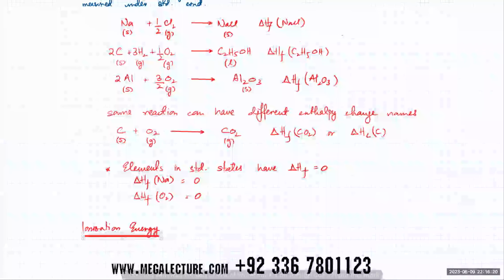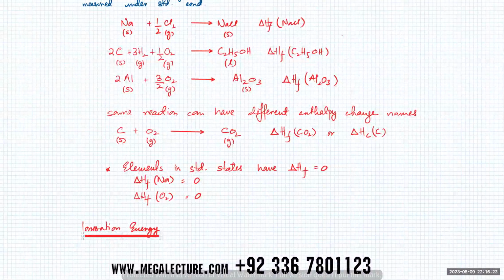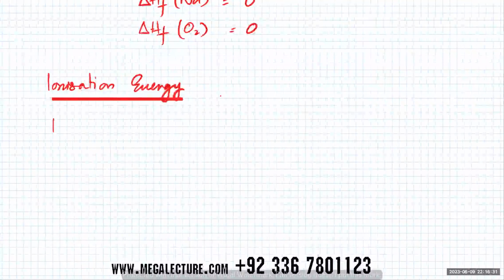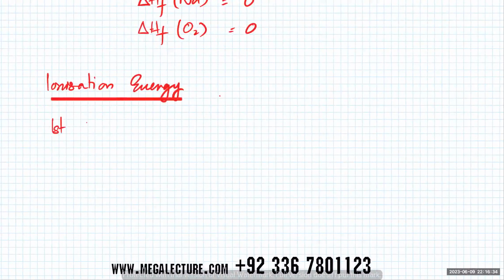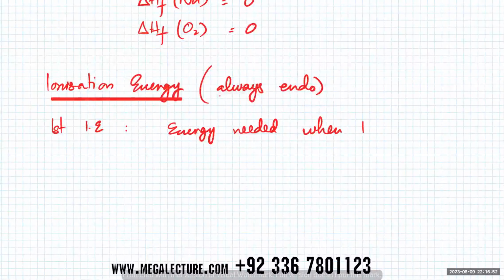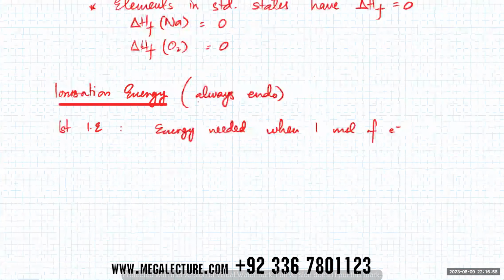Is it the amount of energy required to remove 1 mole of electrons from an atom? It's from a gaseous atom, not the electrons being gaseous. The first ionization energy is the energy that is needed when 1 mole of electrons are removed.